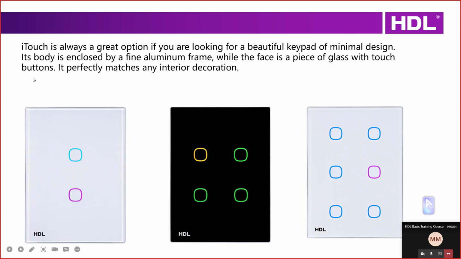And we also have iTouch series buttons. We have 2 buttons, 4 buttons, and 6 buttons. And this panel has 2 different colors. One is black and the other is white. Each of them has 2 buttons, 4 buttons, and 6 buttons.